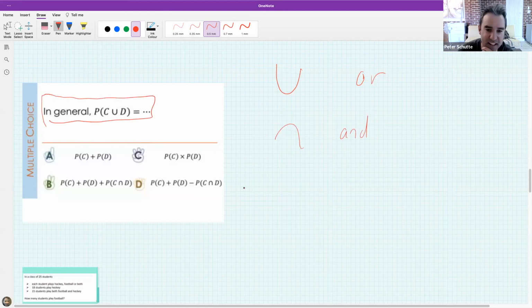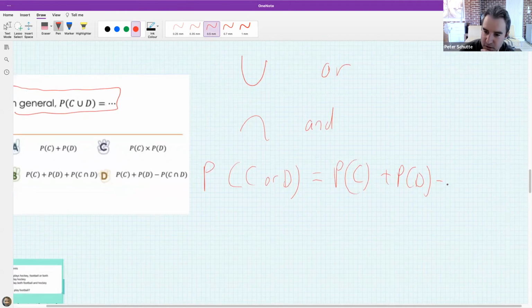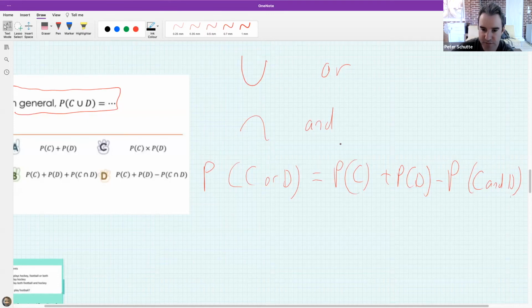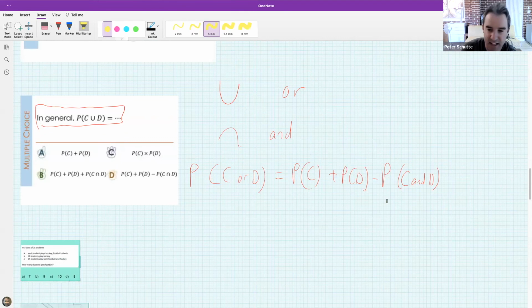In general, the identity says that the probability of C or D will be equal to the probability of C plus the probability of D minus the probability of C and D. Now, in the situation where things are mutually exclusive, this last bit over here would be 0 because there's no intersection, and so it falls away.